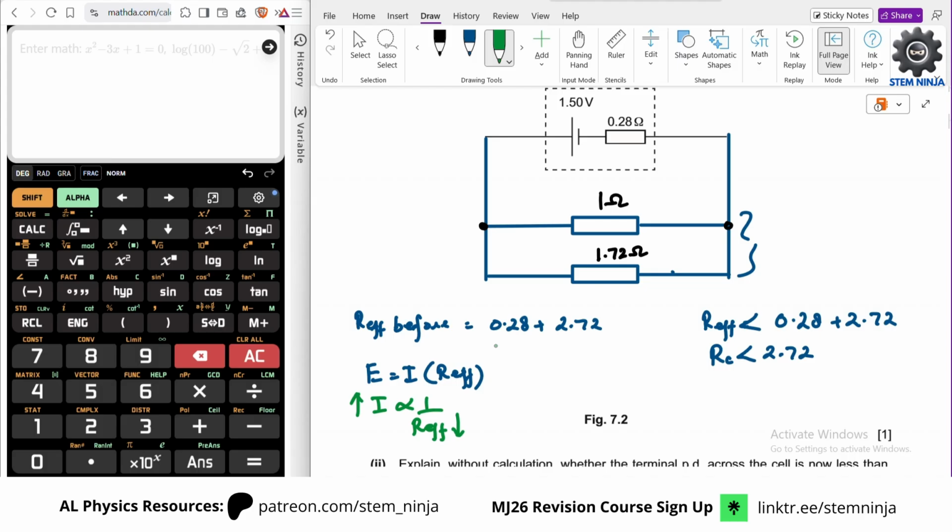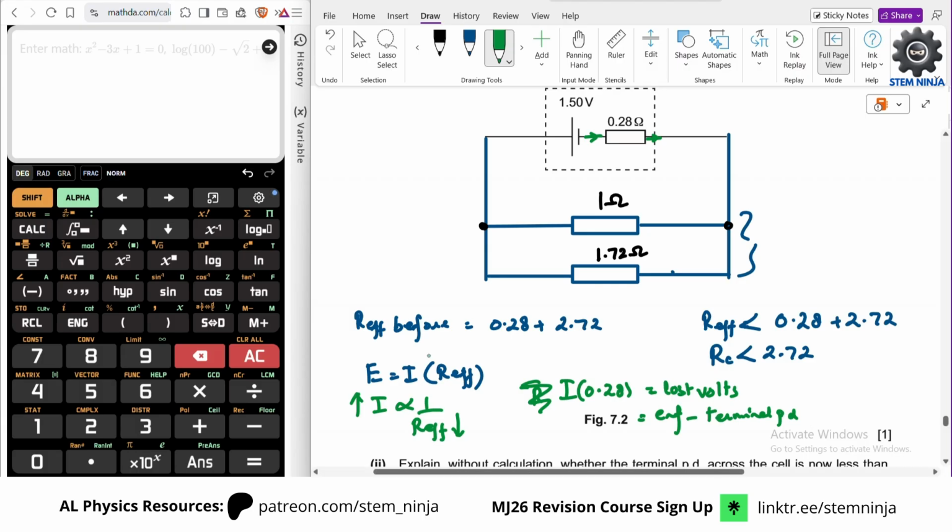If the current has increased, the current flowing through the internal resistor would increase also. That would increase I times 0.28, which is the lost volts. And since lost volts is equal to EMF minus terminal PD, that would mean that the terminal PD is reduced further.